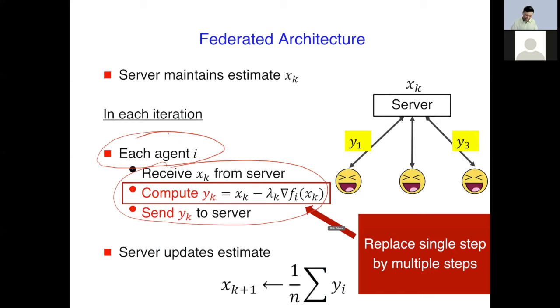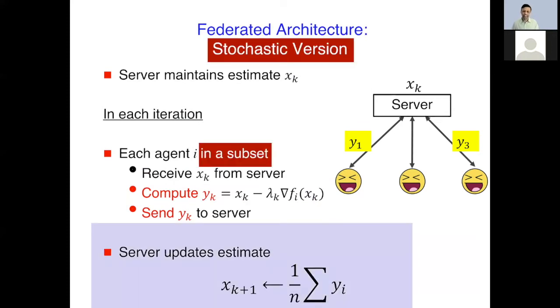Instead, in the stochastic case, if you have a million agents, they all have to do this in one iteration. In the stochastic case, instead of insisting that every agent do this, the server can ask a subset of the agents to take part in the current iteration. So the server picks a subset of the agents somehow, and those agents in that subset will perform the iteration and send back the estimate, and now the weight should not be 1 over n anymore.